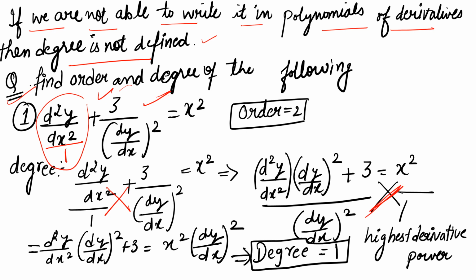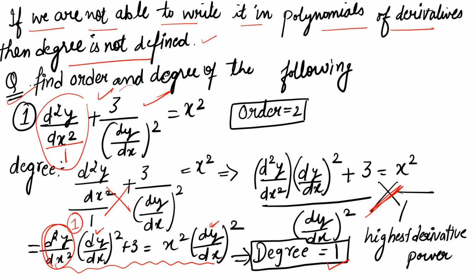So in this equation, what is the degree? This is a first order derivative, this is also a first order derivative. What is the highest order derivative? That is this. The second derivative is occurring in the whole equation. And what is the power here? Nothing, that is 1.